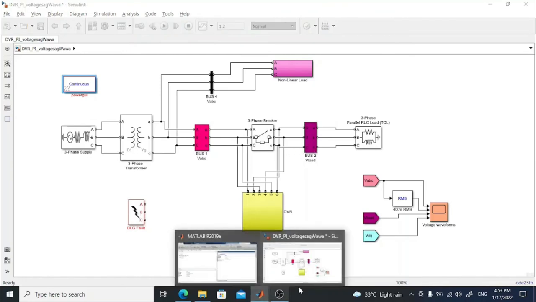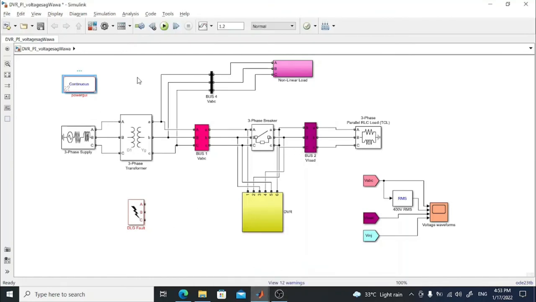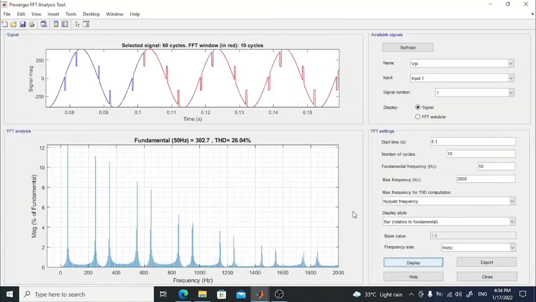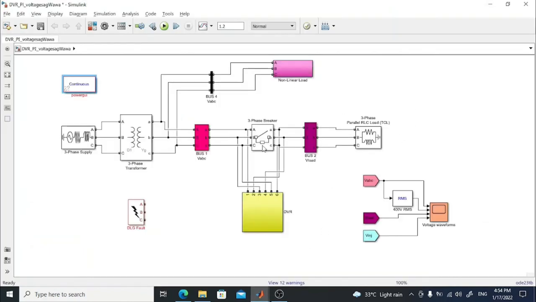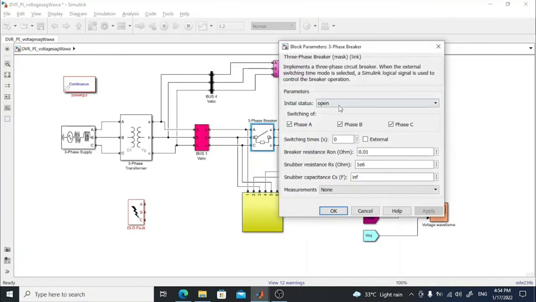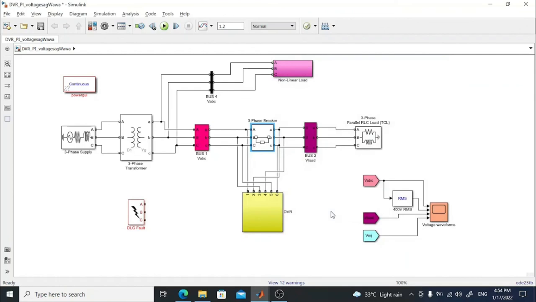We can see at the FFT analysis that there are harmonics in the signal, and the total harmonic distortion is 26.04%. So we are going to enable our DVR and run again to see how the DVR mitigates the harmonics.